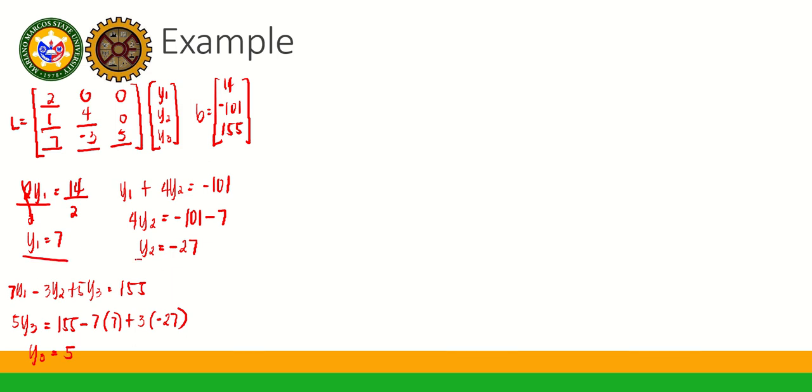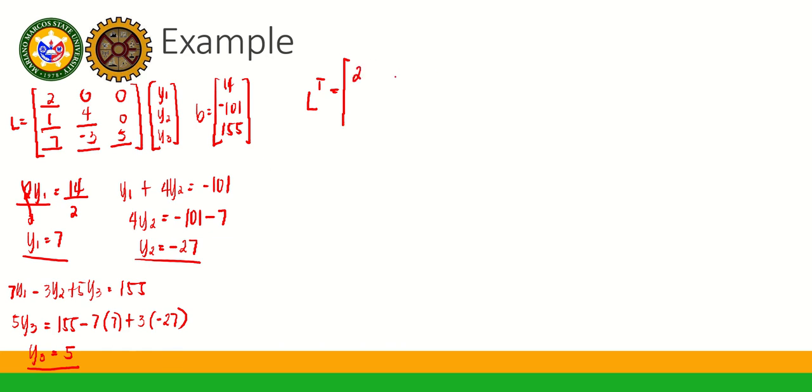Okay, so we now have values for y sub 2, y sub 1, and y sub 3. So now, let us get yung ating transpose of the L matrix. Okay? So what happens when we transpose a matrix? Yung kanyang column magiging row.